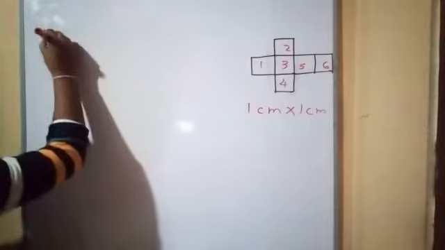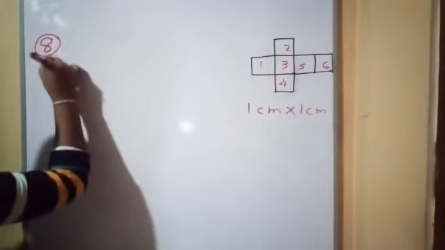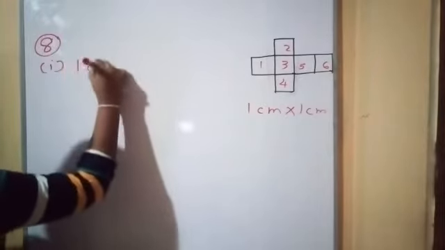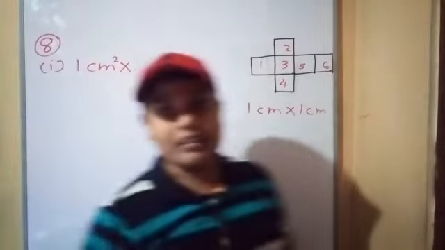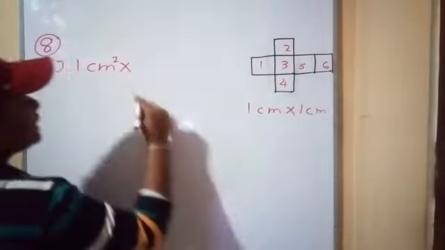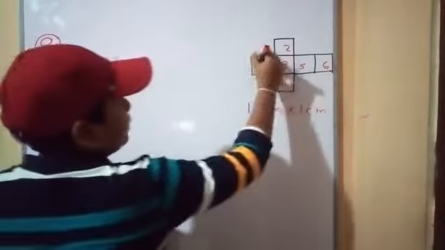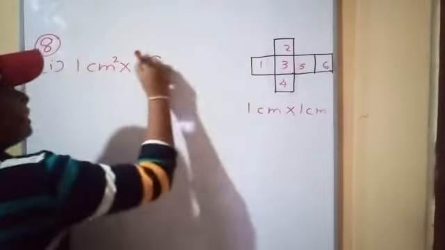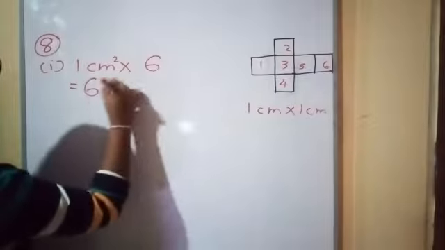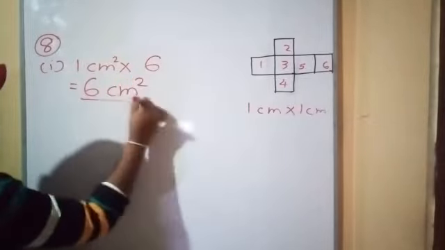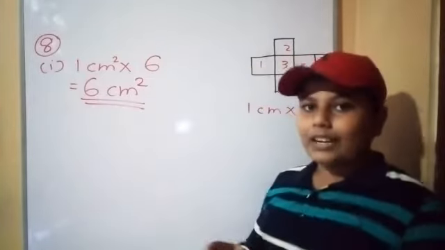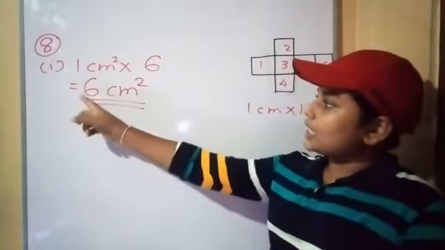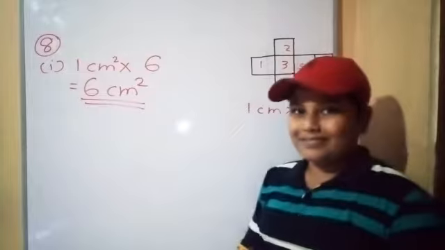Now 1 centimeter multiply 1 centimeter, 1 square centimeter, multiply by the 6. That means 6 square centimeters.